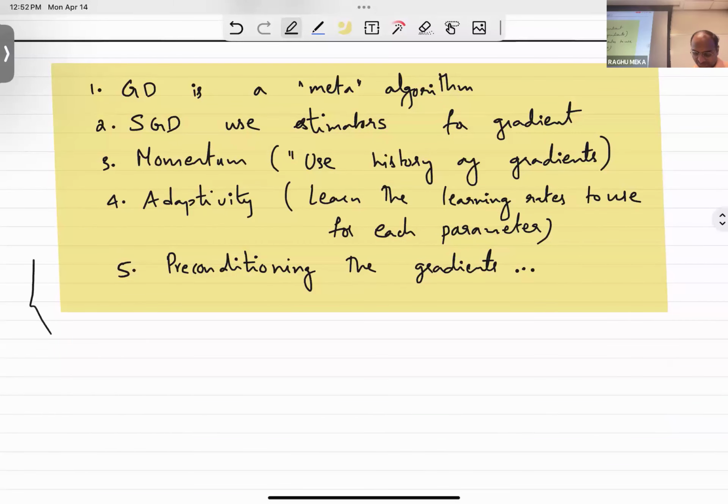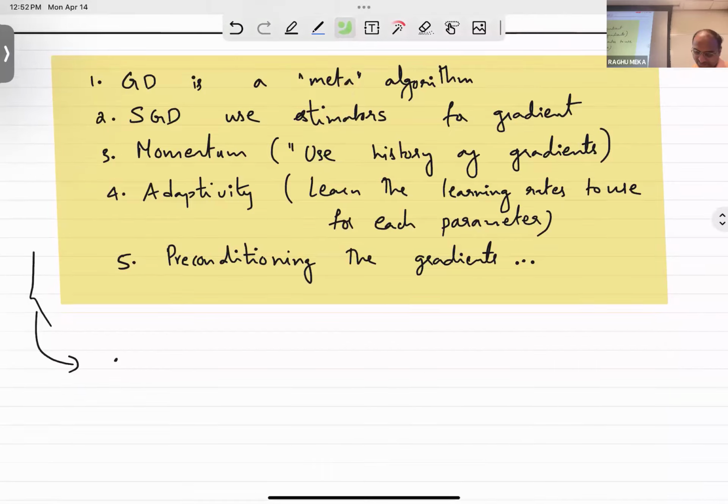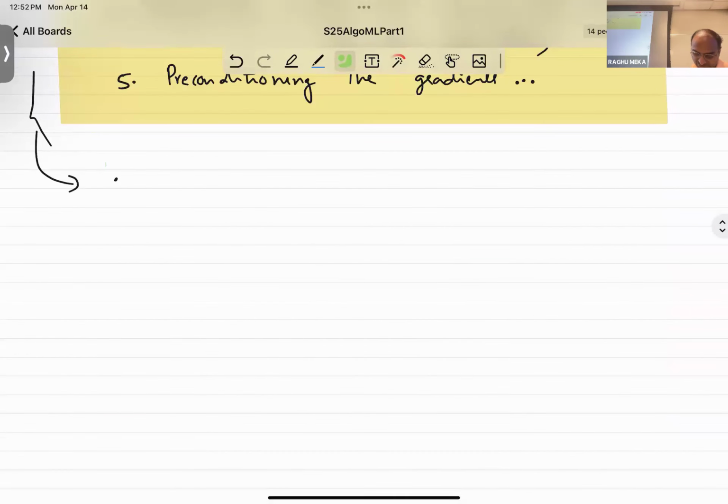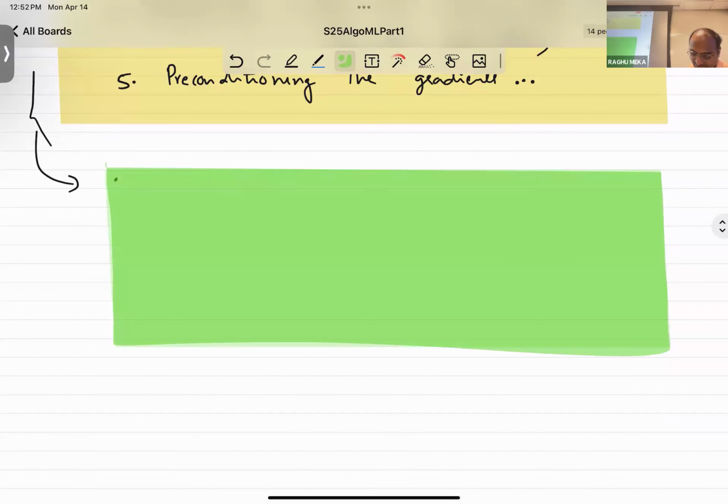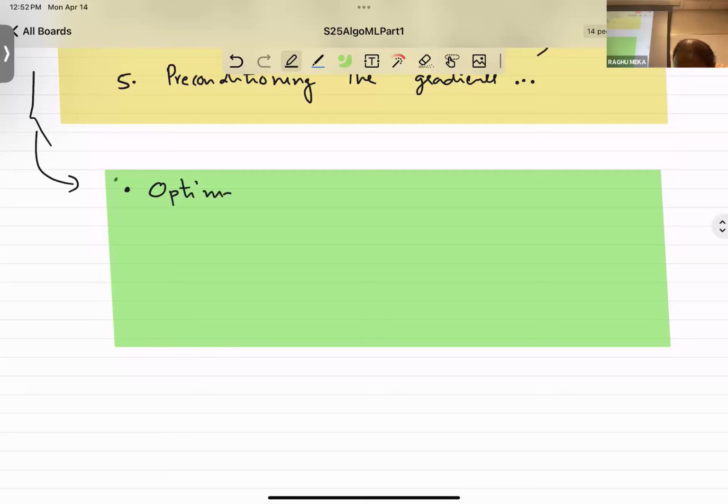And some things that we did not discuss, many things, but first, as I said, there's really beautiful theory around all of these methods. They have been studied for a long time, right? So one is optimality of first order methods.